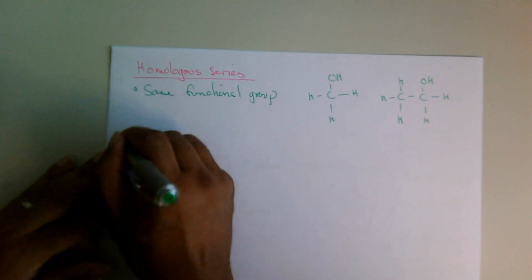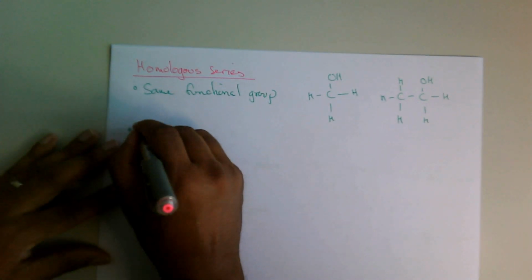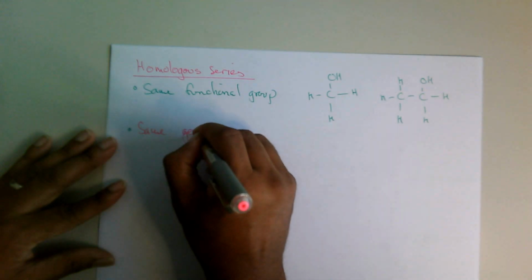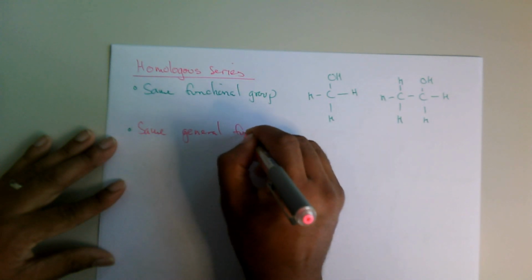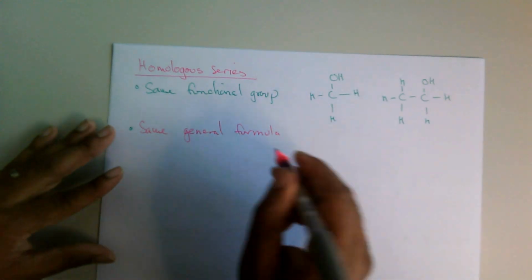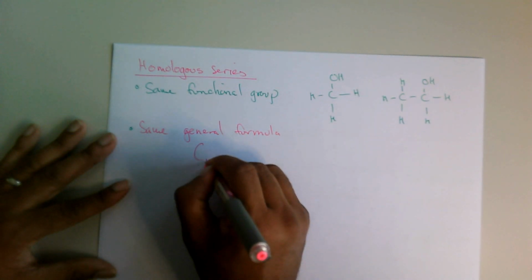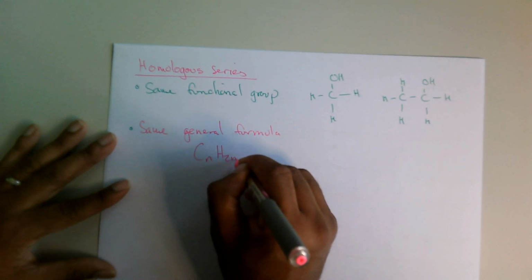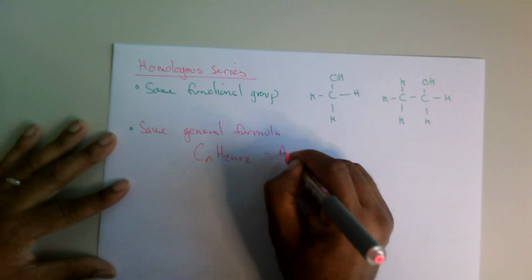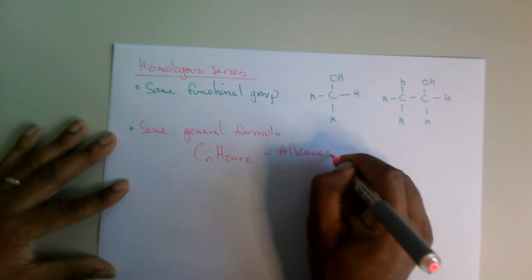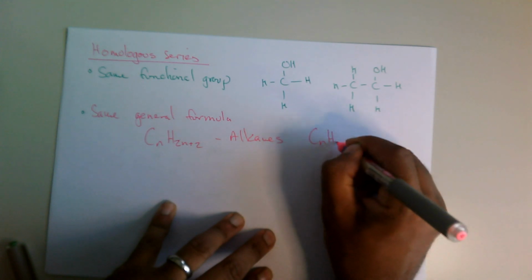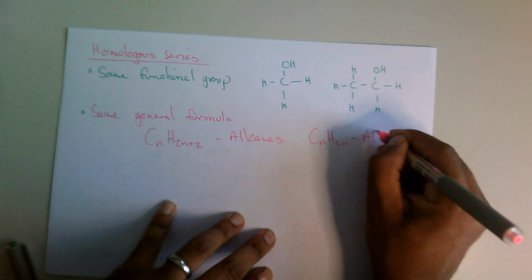The other one is they'll have the same general formula. So what we mean by that is CnH2n+2, that's for alkanes, or CnH2n for alkenes.